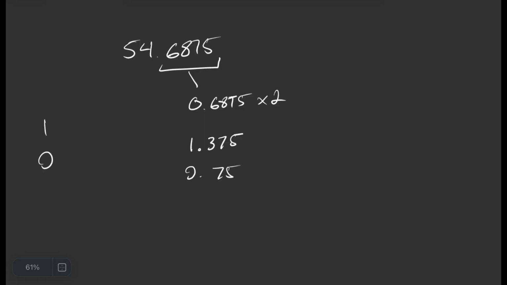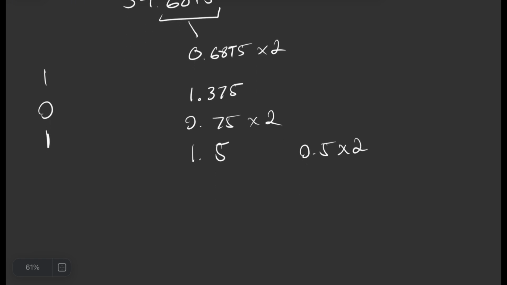Then you already know the same process. 0.75 times 2 gives us 1.5. We're going to take this value again, put it over here. Then we're going to do 0.5 times 2, and that gives us 1. And we're going to chart that 1 there.